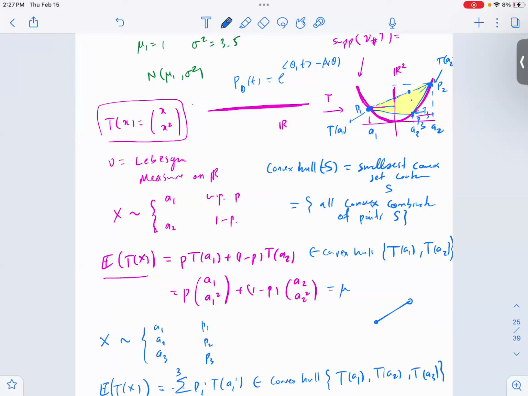Then if you look at all possible densities, if you push them through this, you see that the mean of those distributions would achieve all possible points here. You don't have to, for example, have a Gaussian. But the Gaussian is enough to achieve every point here. So you just need to worry about Gaussian if you want to achieve every point.